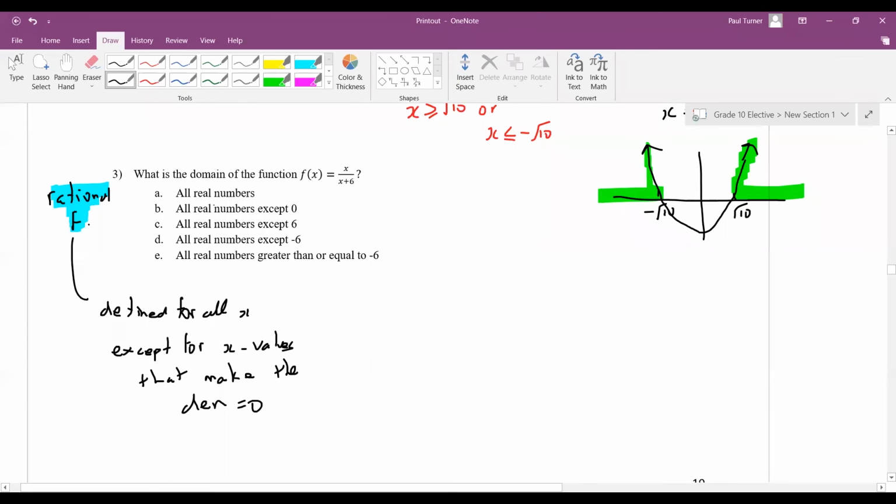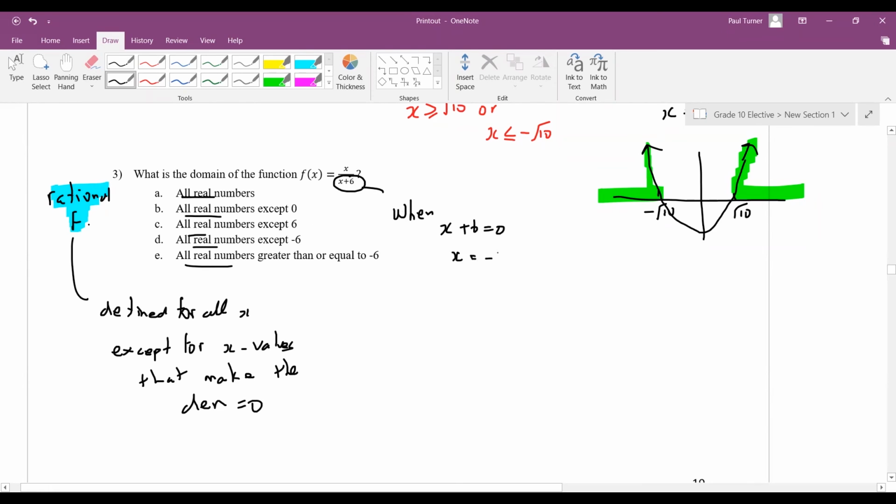All right, so all real numbers, that's written in every one, isn't it? See? All real numbers, except when this denominator is 0. So when x plus 6 equals 0. If this equals 0, then we will have no graph there.